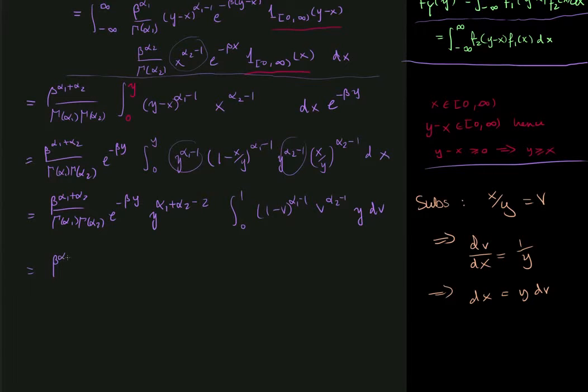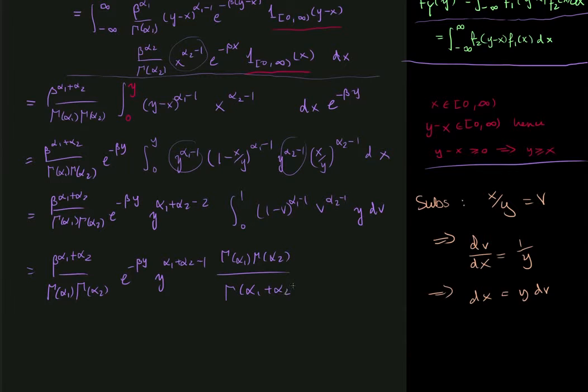So all in all, now we can end this gruesome, tedious calculation by concluding that we get this expression here. So y to the alpha 1 plus alpha 2, and then I have a minus 2 here, but I multiply 1y on top of that, so that's just a minus 1. And the integral evaluates to gamma of alpha 1 multiplied by gamma of alpha 2 divided by gamma of alpha 1 plus alpha 2.